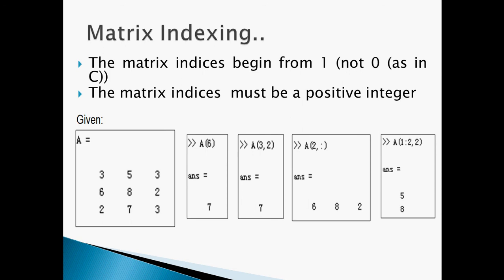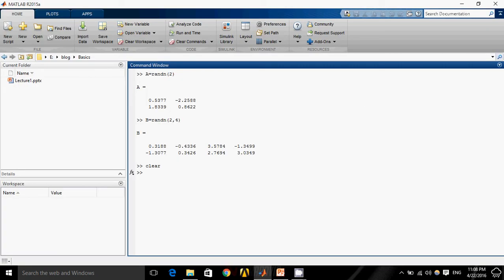It can't be a negative number. I'll show you. Let's suppose A is a matrix of 1 2 3 4 5 6 7 8 9.